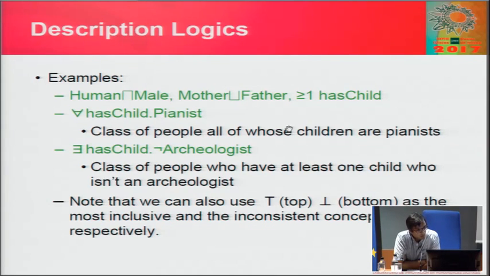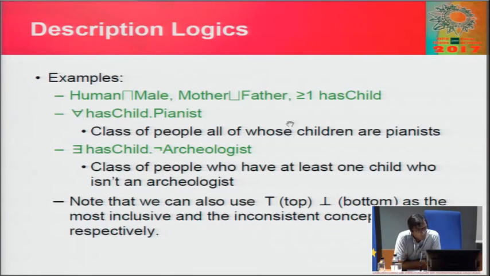Then, using the intersection operator, we can create the concept man by taking the class of all humans and the class of all males and looking at the intersection of these two classes. We can also create a concept that refers to parents, the class of parents, by taking the union of the class of all mothers and the class of all fathers.